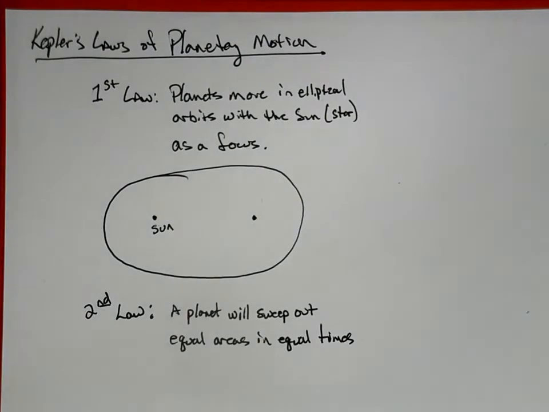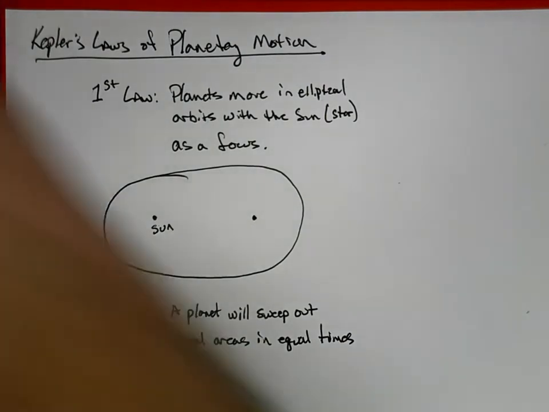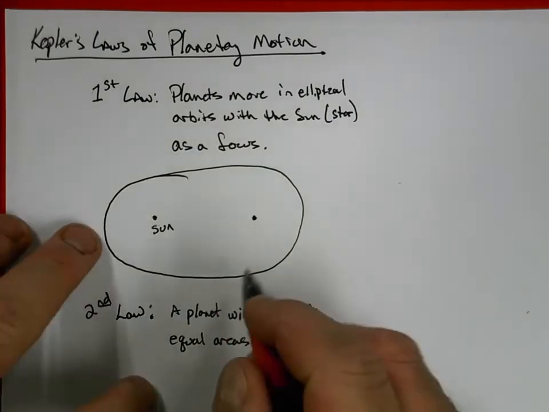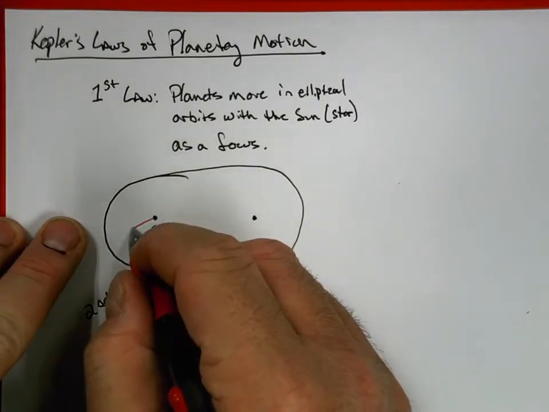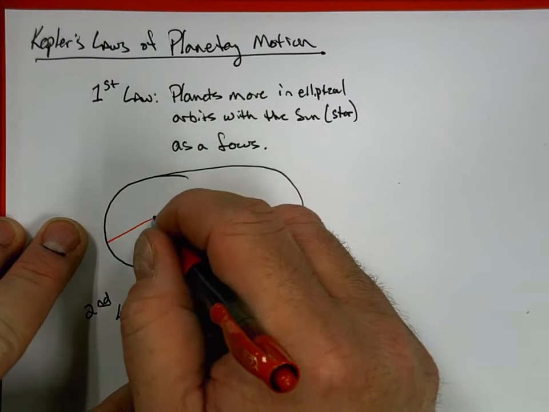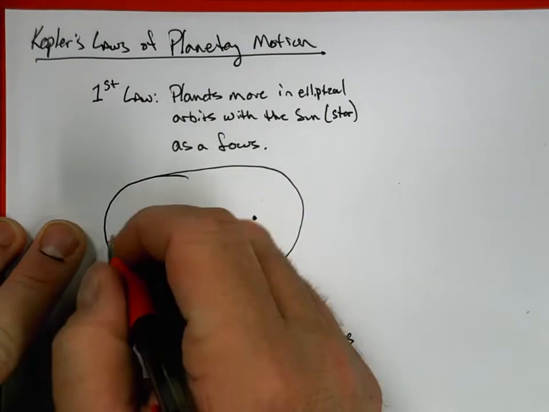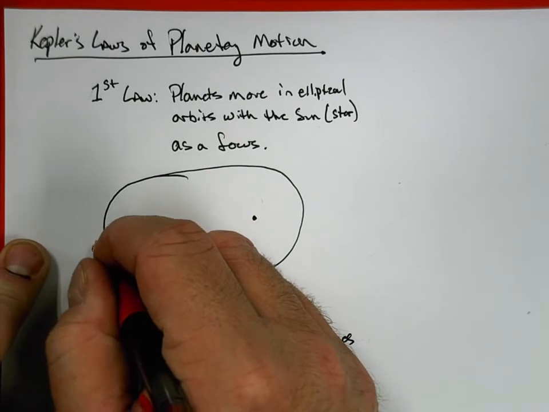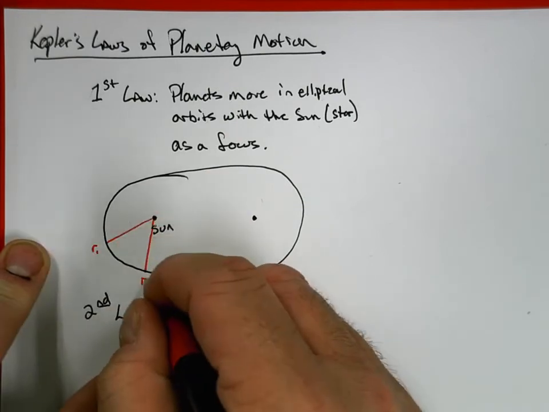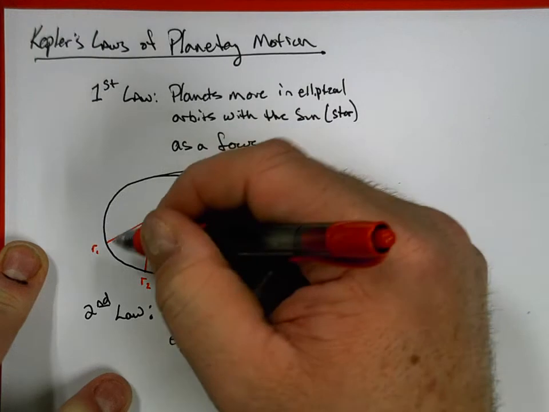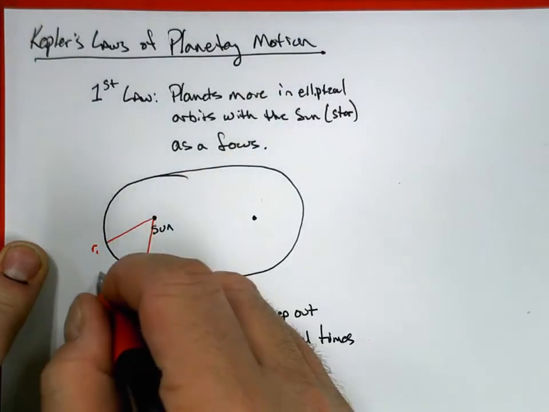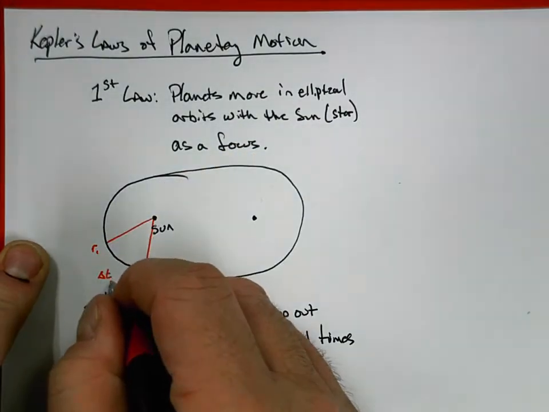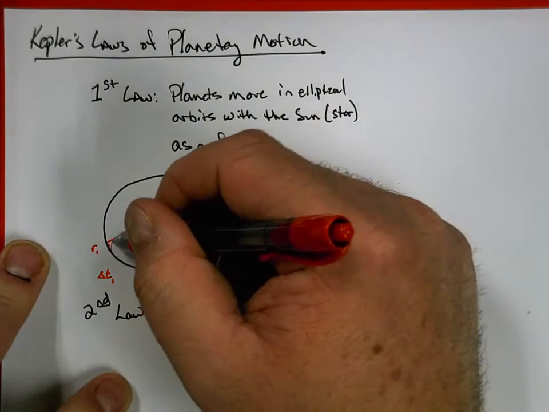Well, here's what we're saying about this: as a planet is close to the sun, as it moves from R1 to R2, it takes a certain amount of time. There's a delta t, we'll call this delta t1 right here.